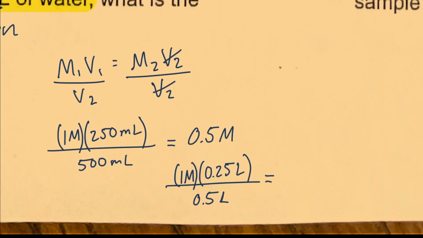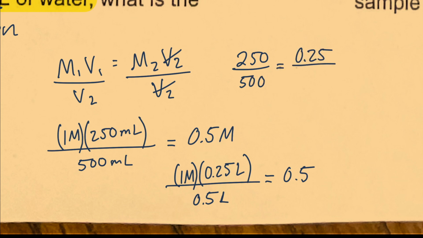And you'll see you get the same thing. You get 0.5. And that's just because 250 divided by 500 is the same thing as 0.25 divided by 0.5. It's the same ratio, right? One is half the other, right? So it doesn't matter what number. I mean, it could be 3 and 6, right? It doesn't matter what unit of volume you use as long as you're consistent across the measurements.